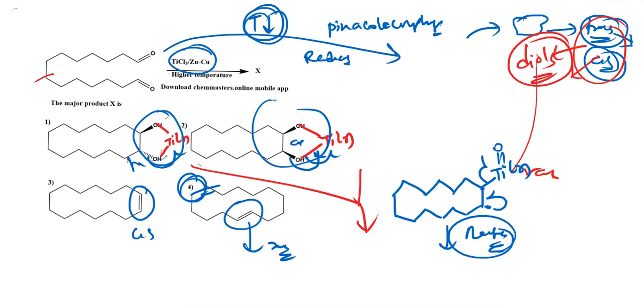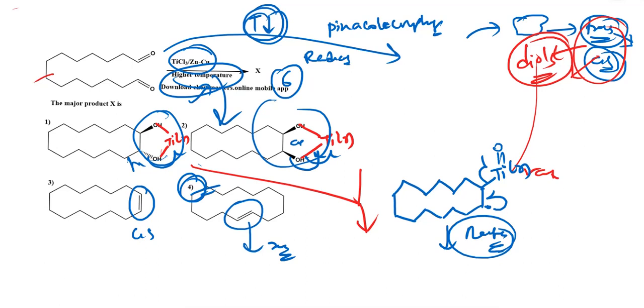Here we need to look at the very basic points. If you consider all of them, you can get the correct answer. The best example, as I told you in the sixth step, is the reaction condition.